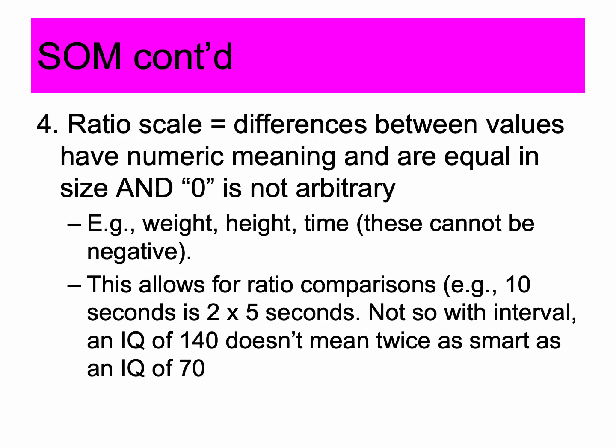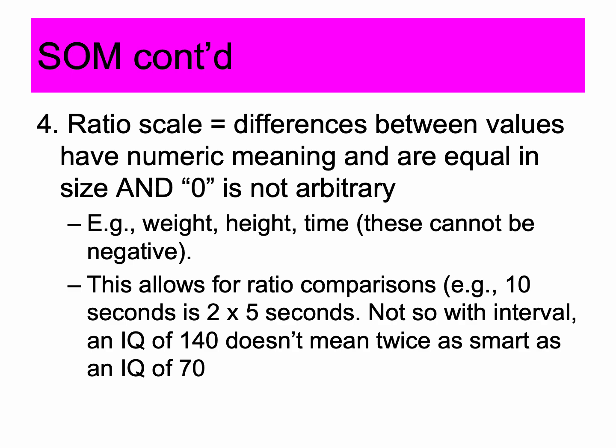With ratio, there's a similarity with interval data in that the differences have equal size and they do have numeric meaning, but with ratio data, 0 is no longer arbitrary. This would be things like weight and height and time. These things can't be negative. You can't be negative 100 pounds, right?